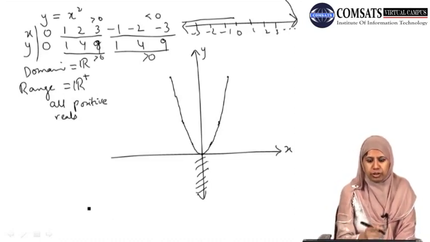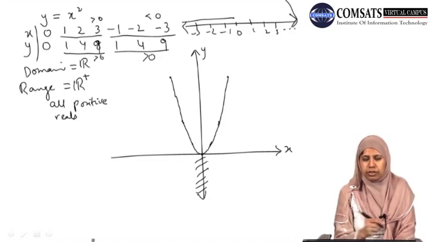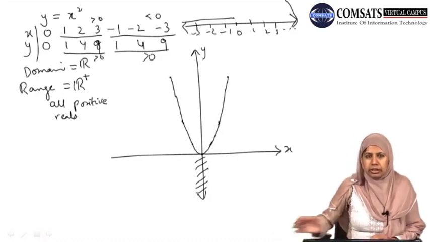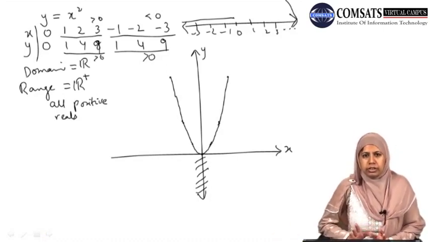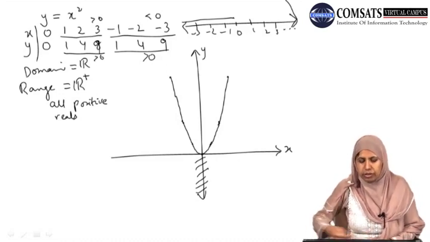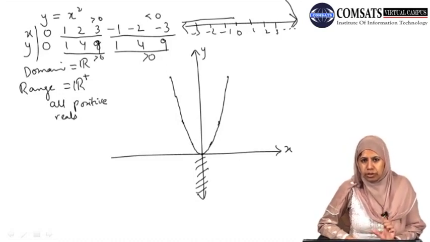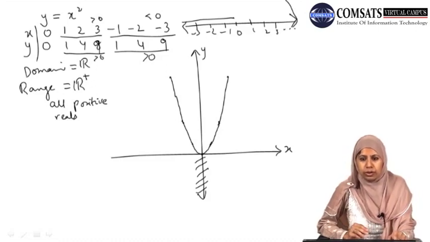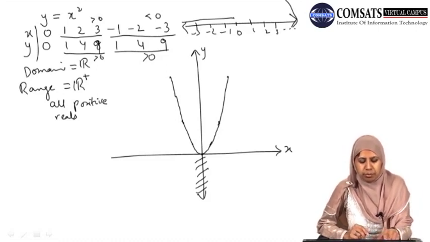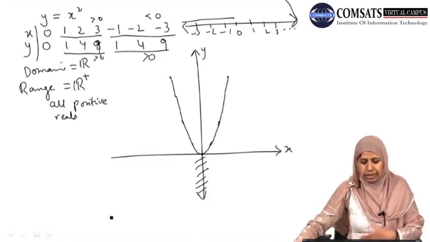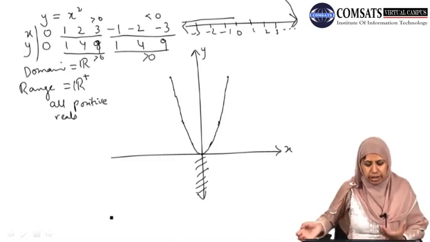So the range of this quadratic function is all positive reals, and the domain is the whole real line. So this is how we plot our quadratic function, or give the graph of our quadratic function, by taking some particular values depending upon the domain. Here the domain was the whole real line, so we have considered some positive values as well as the negative values to get an idea how the function behaves.